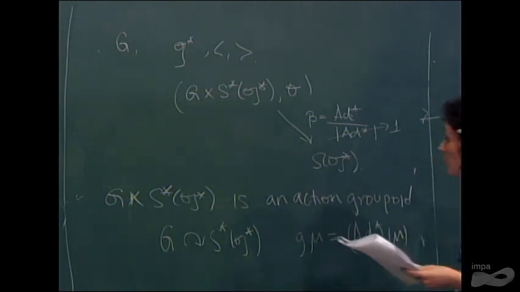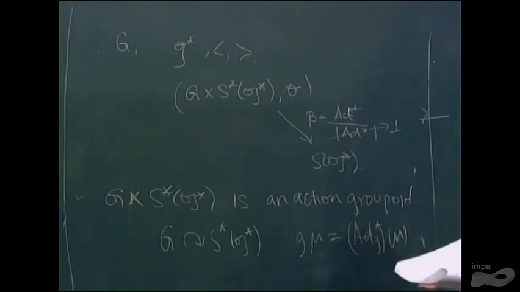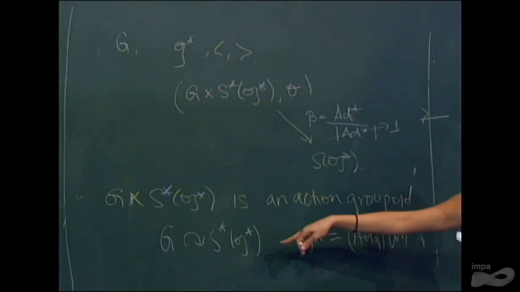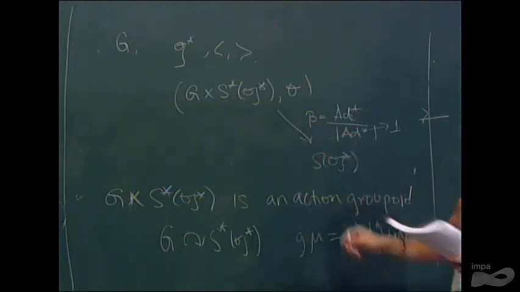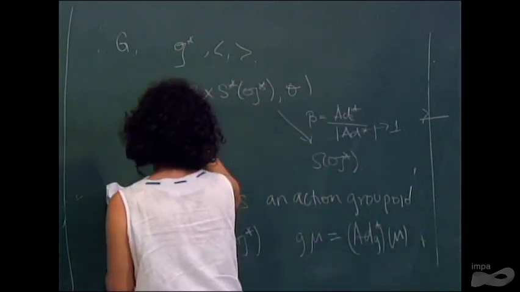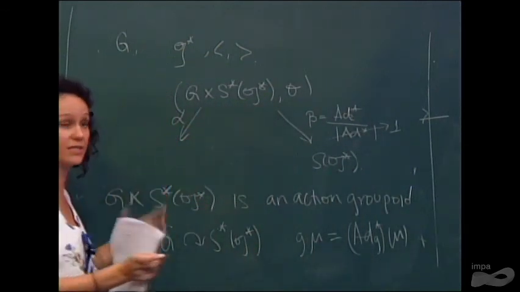Okay? So if you look at this action groupoid, the target will actually be beta, and the source will be the projection to the second component.